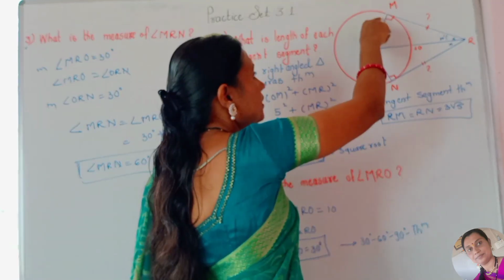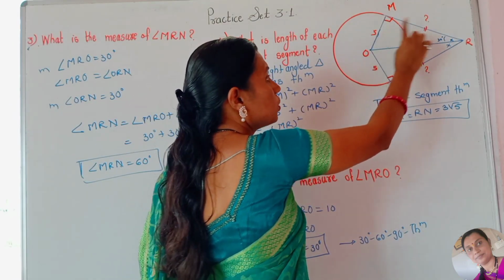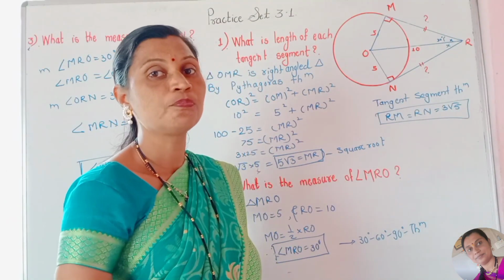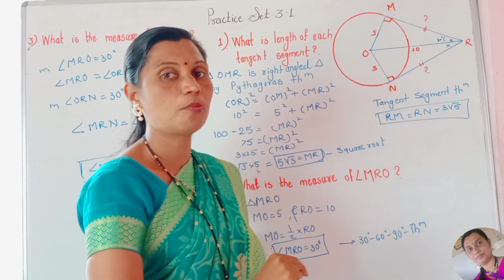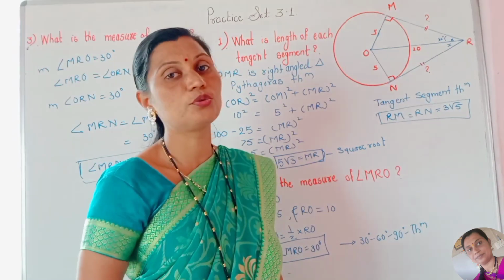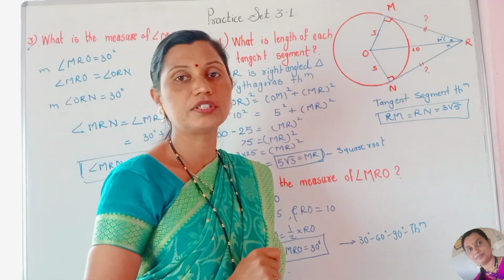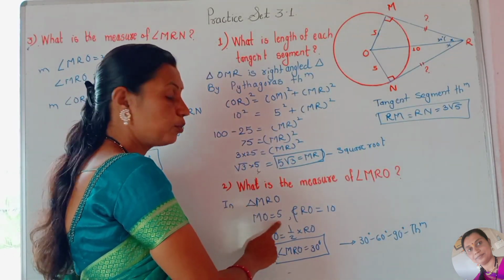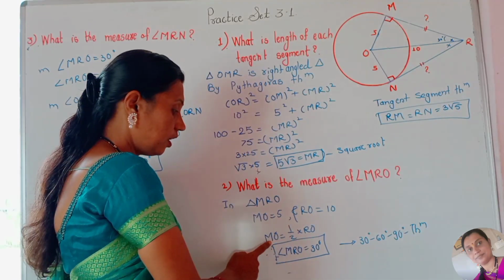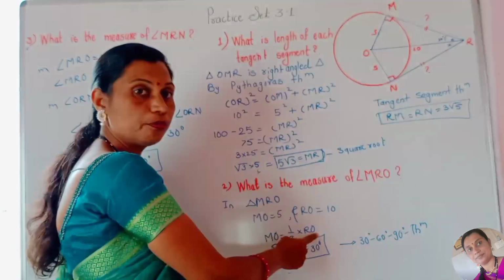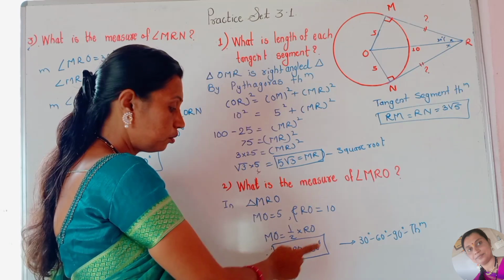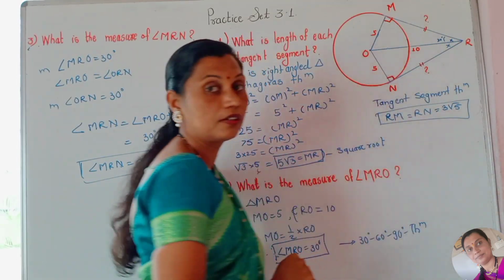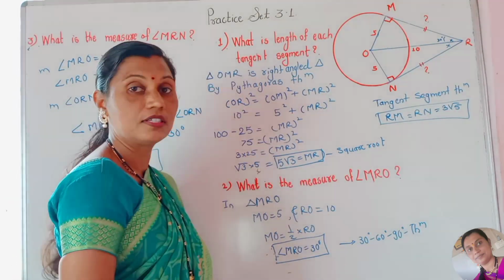If any side is half of the hypotenuse, then the opposite angle of that side must be 30 degrees, by the 30-60-90 rule. The opposite side of 30 degrees is half, the opposite side of 60 degrees is root 3 by 2, and the opposite side of 45 degrees is 1 upon root 2. In this way, in triangle MRO, MO is 5, RO is 10. MO is equal to half of RO. Therefore, the angle opposite MO, this is MRO, is 30 degrees. We can write by 30-60-90.